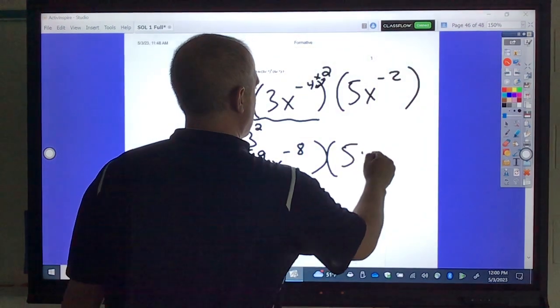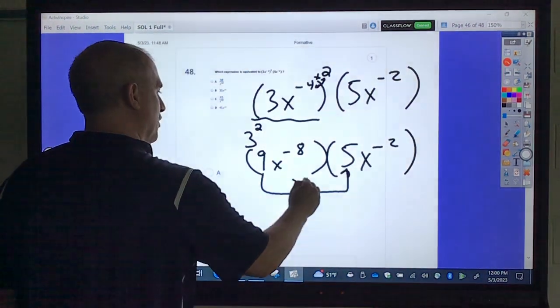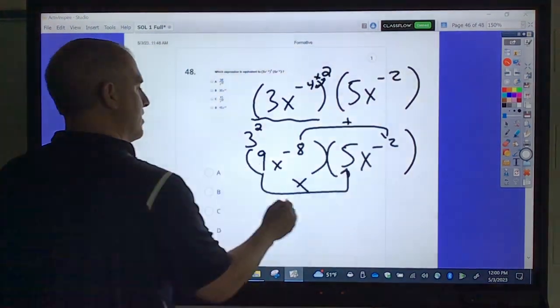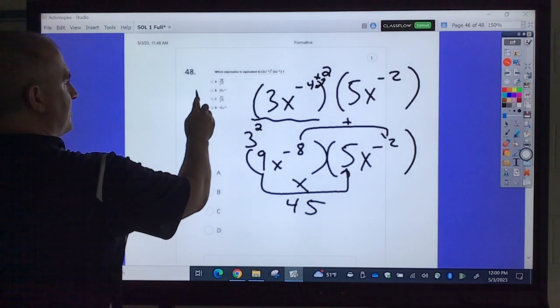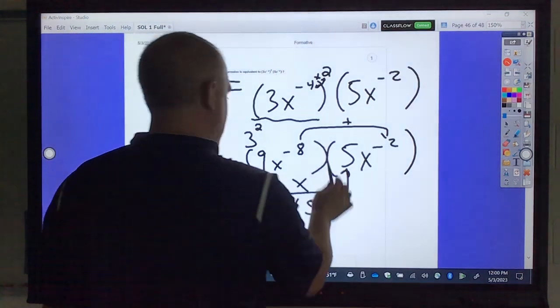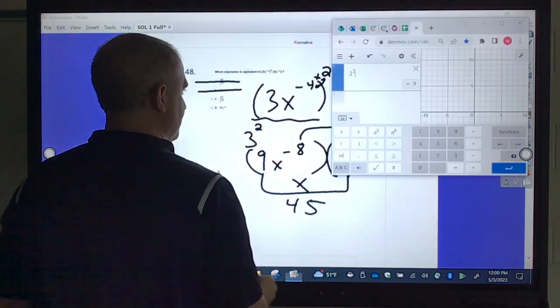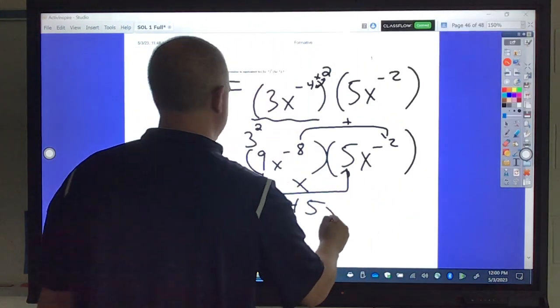Okay, now what I want to do here is this is multiplication. So I want to multiply those and add those. Well, 9 times 5 is 45. If I'm being a good test taker, these are automatically out. Okay, then I want to add those. -8 plus -2 is going to be -10, okay?